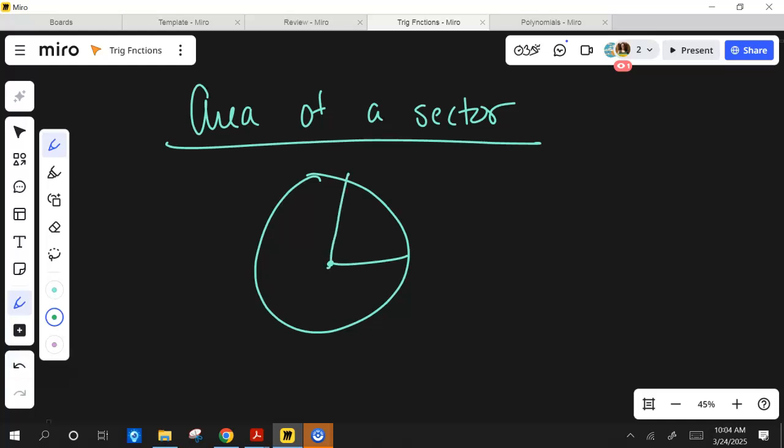All right, so this is my arc, right? That's my intercepted arc. This is my sector area. Like a piece of pizza.